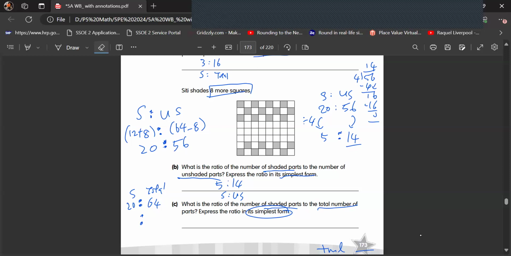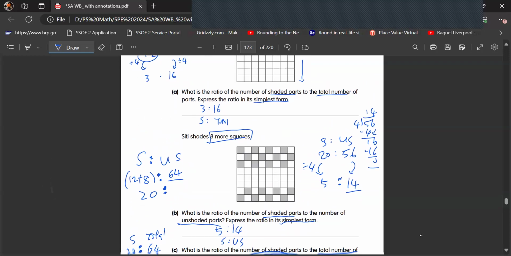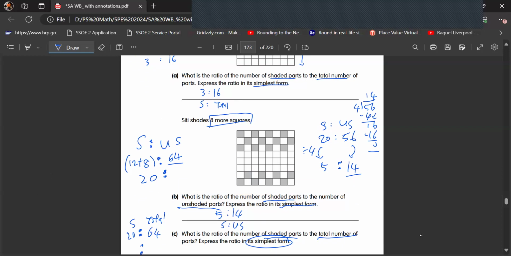Okay, so thank you everybody. Thank you, Skylar, especially for spotting this. This part was wrong because I wrote 64. Why 64? Yeah, 64 is the total number of squares. It wasn't just now's answer. So it shouldn't be 64 here. This is wrong.